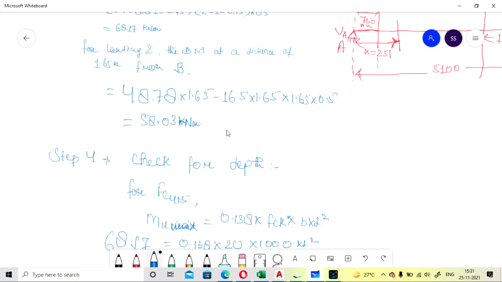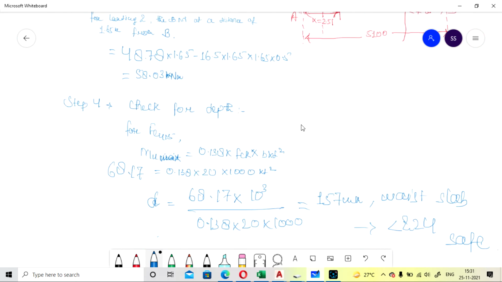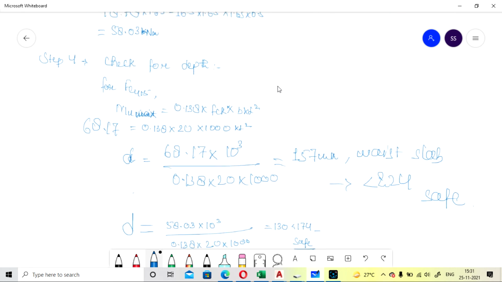Okay, now we can go for the checking of depth. So for Fe415 our Mu maximum will be 0.138 into FCK into B into D square.